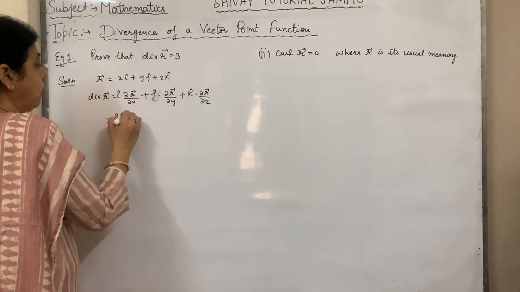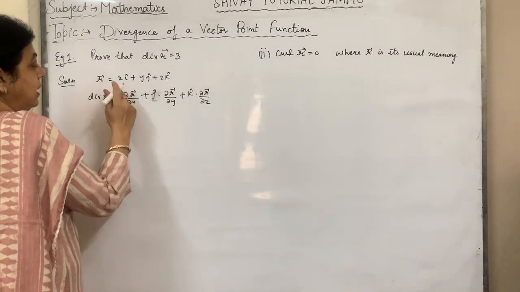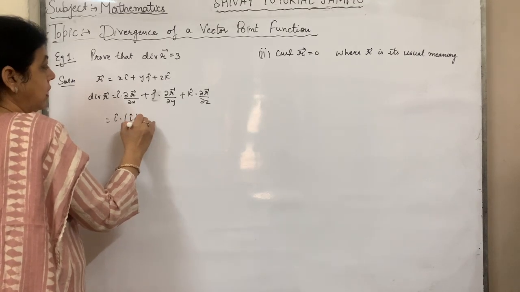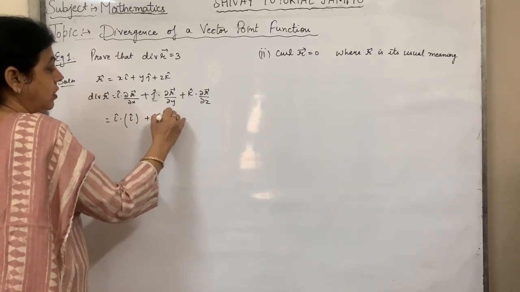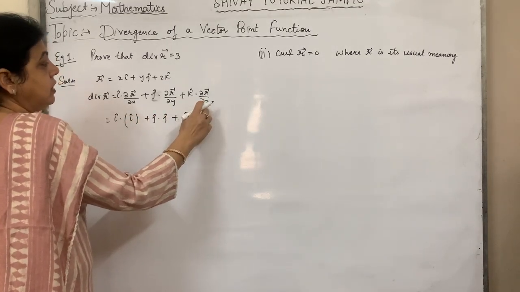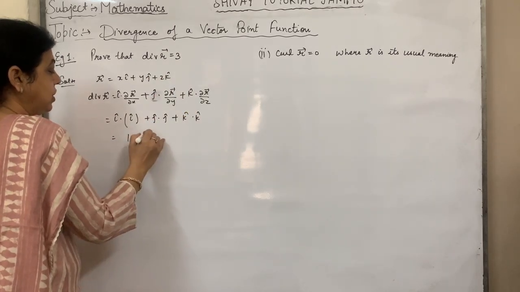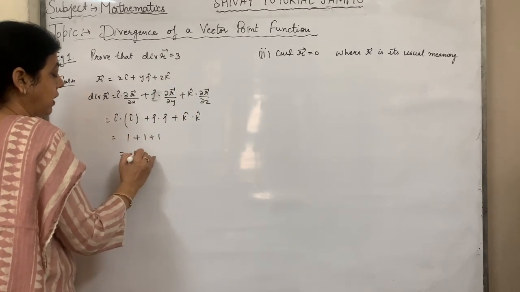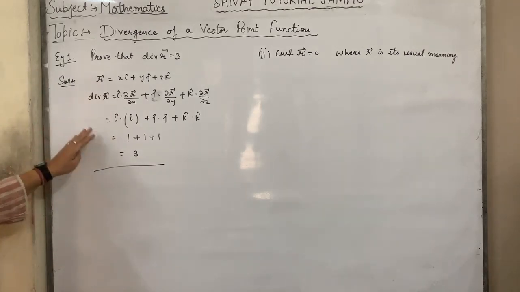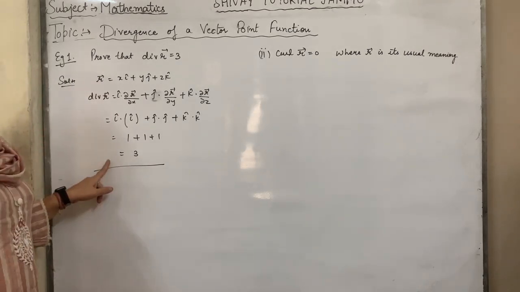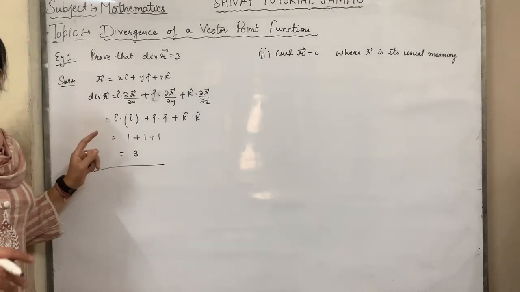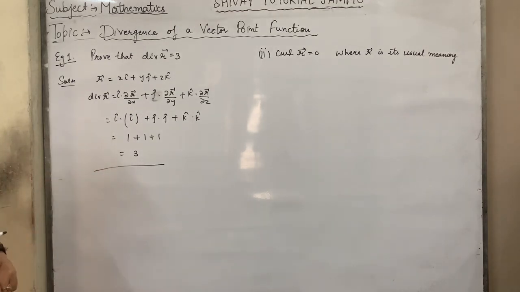Okay, i dot: we differentiate r with x, we will get i, clear? With y, we will get j, and with respect to z, we will get k. i dot i is 1, j dot j is 1, k dot k is 1, then div of r is 3. And we will use this as a formula in some other question.